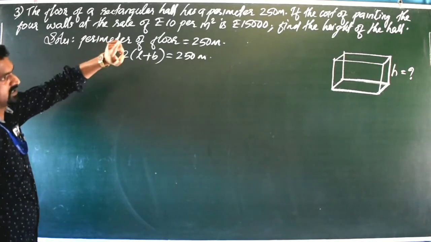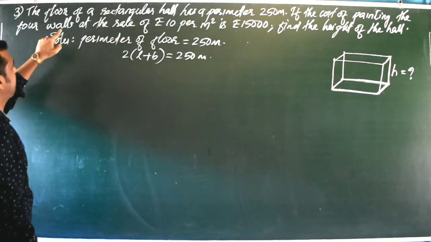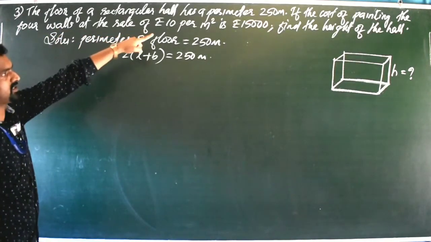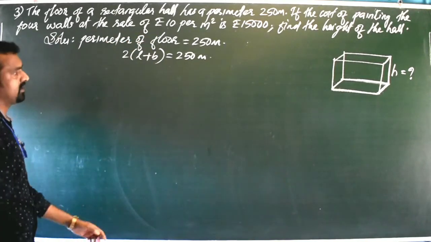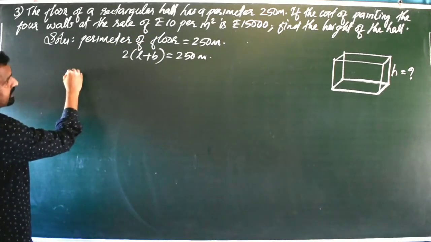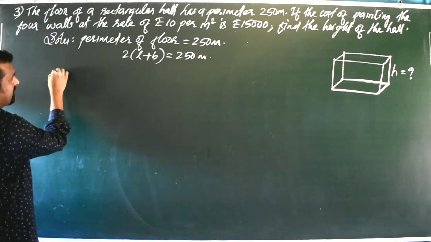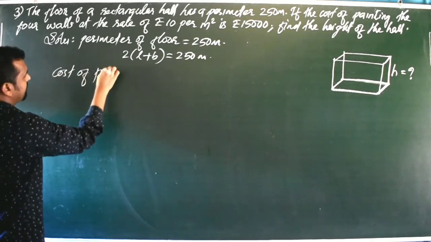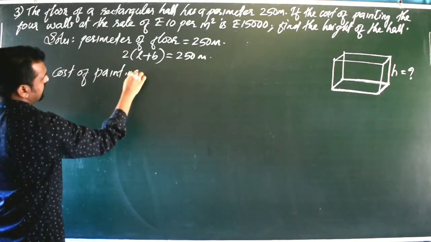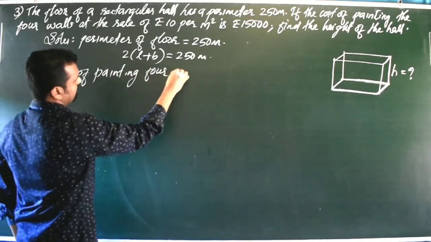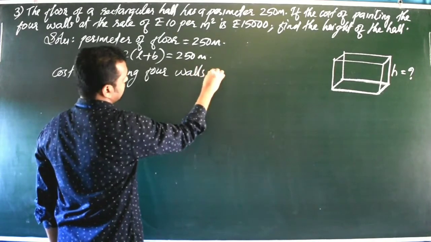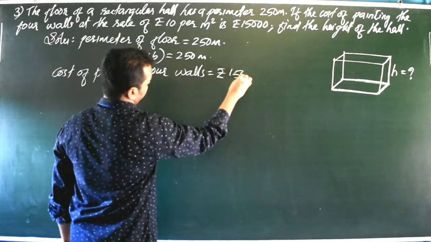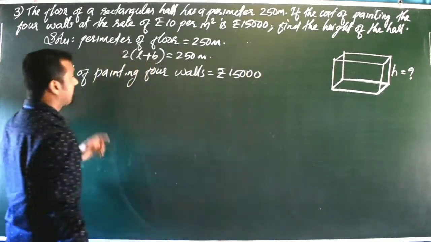Okay, now next condition. If the cost of painting the 4 walls at the rate of rupees 10 per meter square is 15,000. Cost of painting 4 walls is equal to rupees 15,000. How do we find the cost of painting?